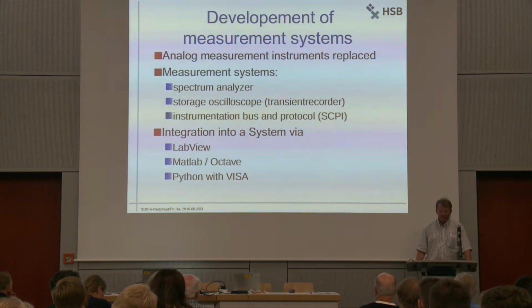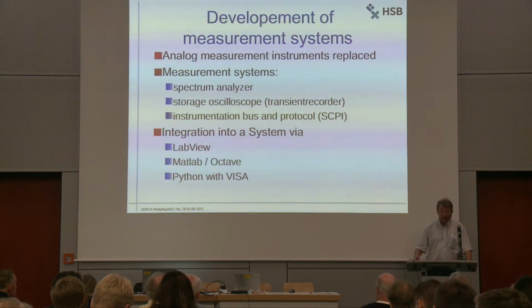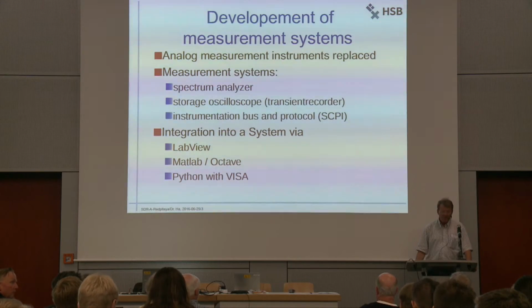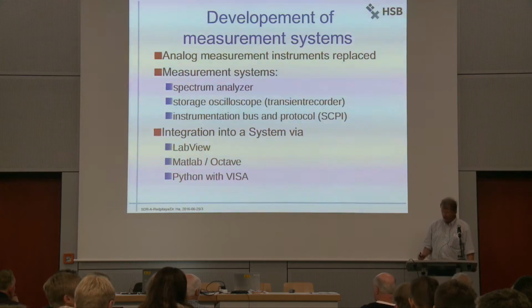So the spectrum analyzer, storage oscilloscope, or transient recorder, instrumentation bus, and protocols like SCPI are in ordinary use today. The integration into a system is done via LabVIEW, MATLAB, or Octave, or Python with a VISA library from National Instruments.